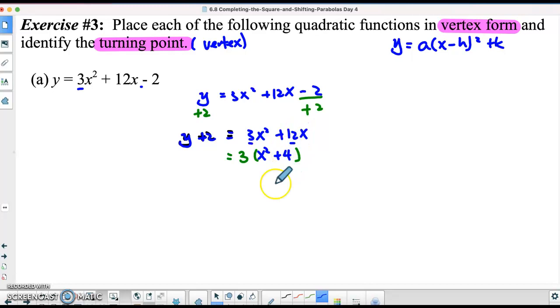Now, let me just copy everything because I'm going to make a space for a number that we need. Make it a little bit longer.